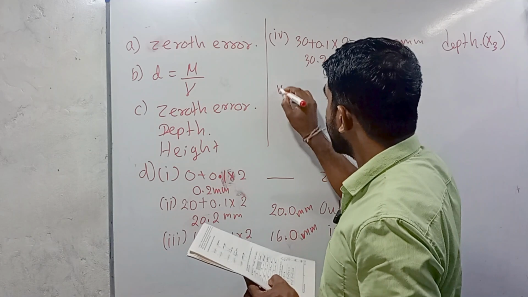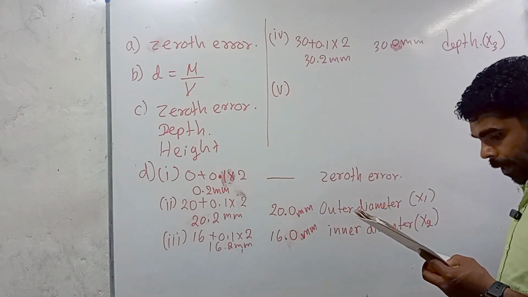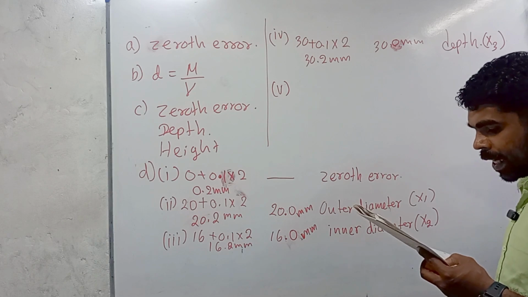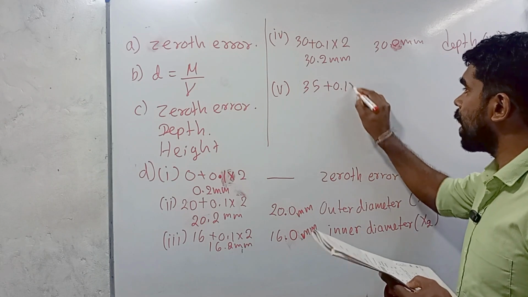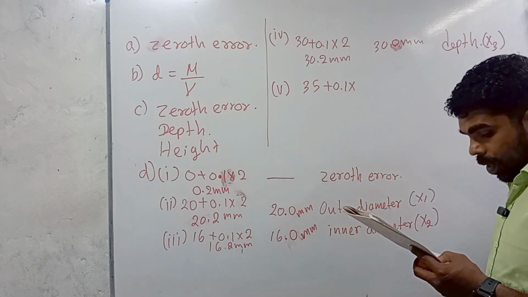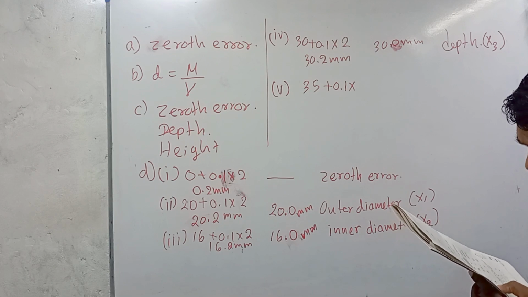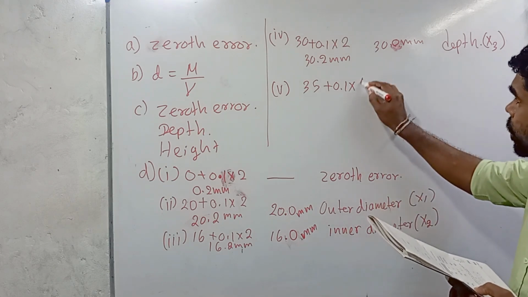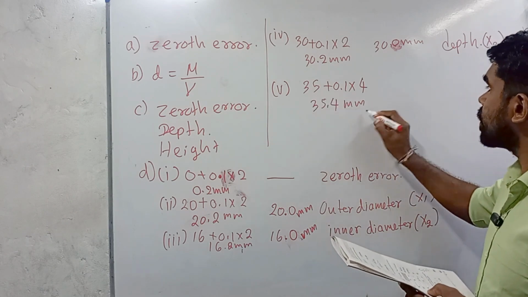Finally, part 5. Main scale reading is 35 millimeters plus 0.1 into corresponding coincided part is 4. It is 35.4 millimeters.